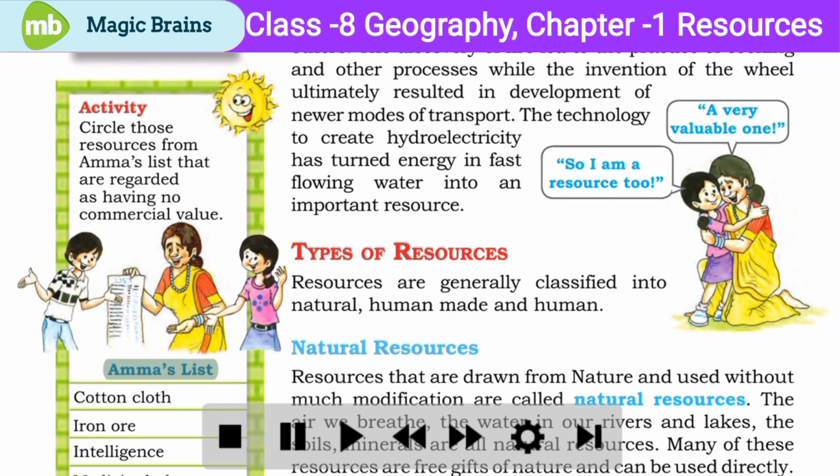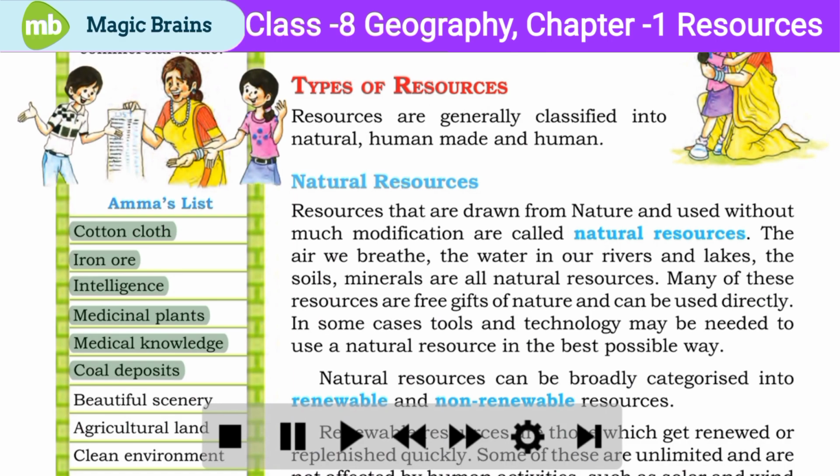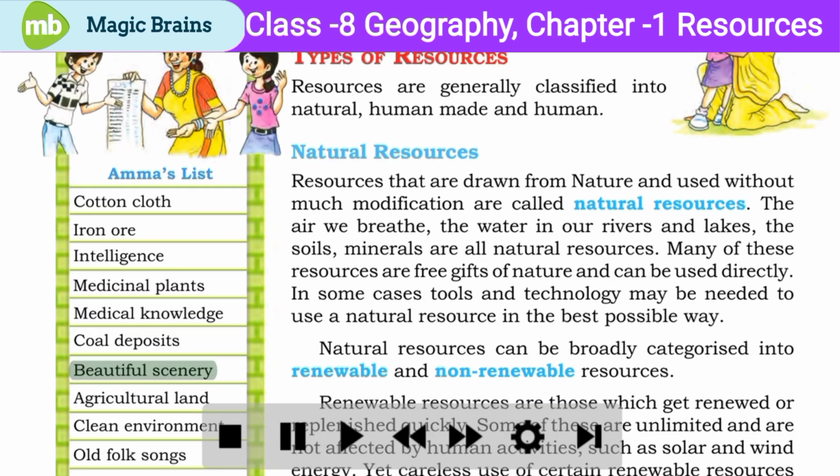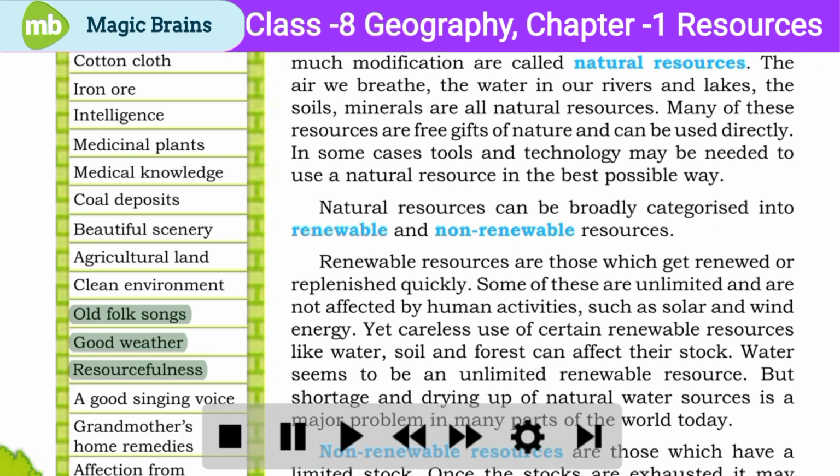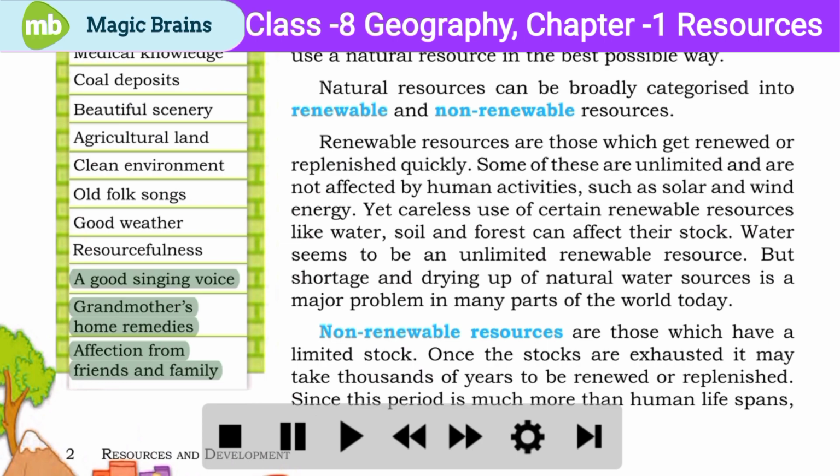The list: cotton cloth, iron ore, intelligence, medicinal plants, medical knowledge, coal deposits, beautiful scenery, agricultural land, clean environment, old folk songs, good weather, resourcefulness, a good singing voice, grandmother's home remedies, affection from friends and family.